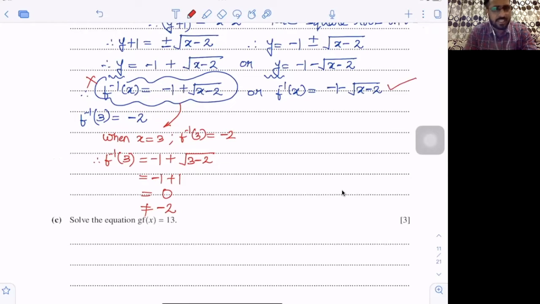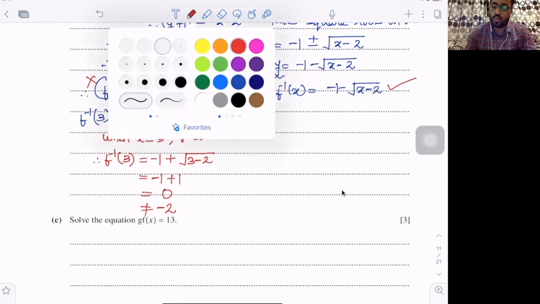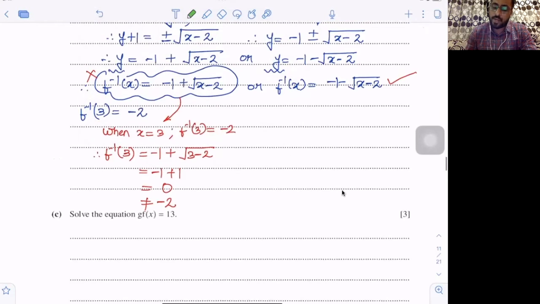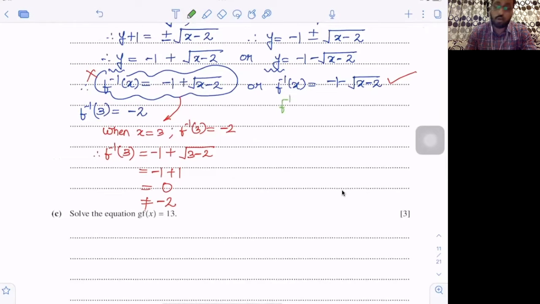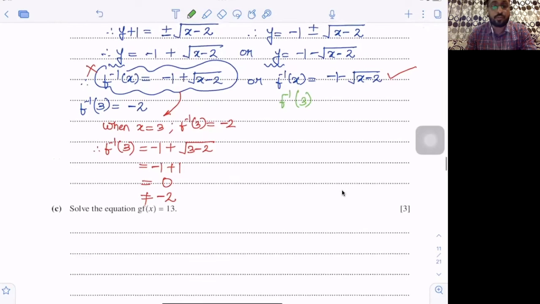But let's check it. I know that f inverse of 3 is going to be how much? It's going to be minus 2. Let's check it. So f inverse of x is minus 1 minus root of x minus 2, with x taken as 3. So what's 3 minus 2? That's 1.